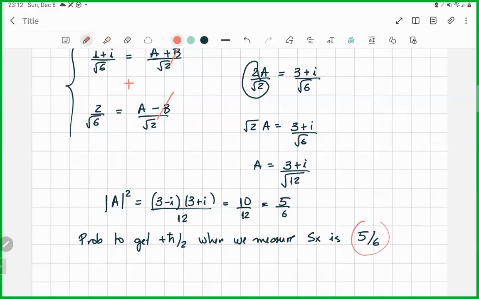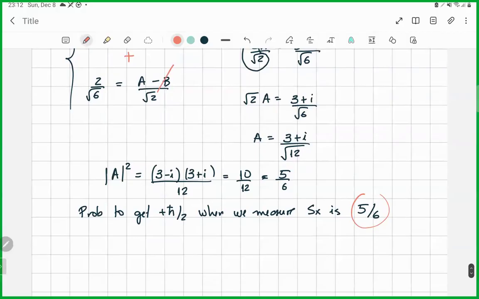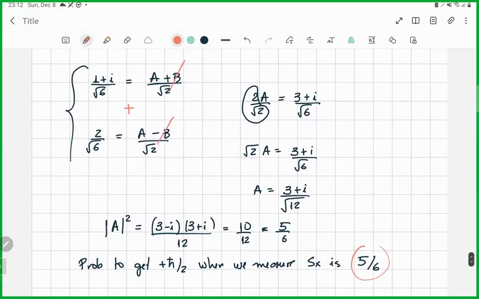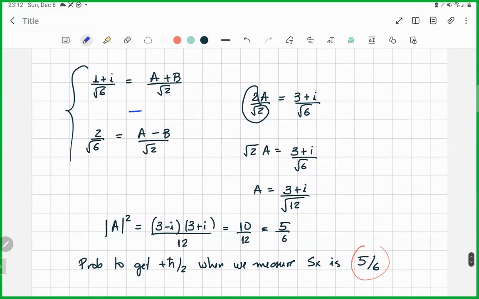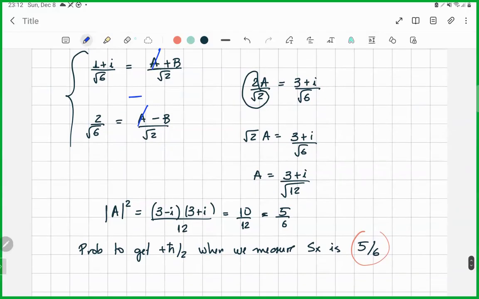Now let's come back to our equations and try to find B. So instead of summing these equations, I'm going to subtract. When I subtract, now I get rid of the A, and I'll be able to get an equation for B. So let me remove this part here.